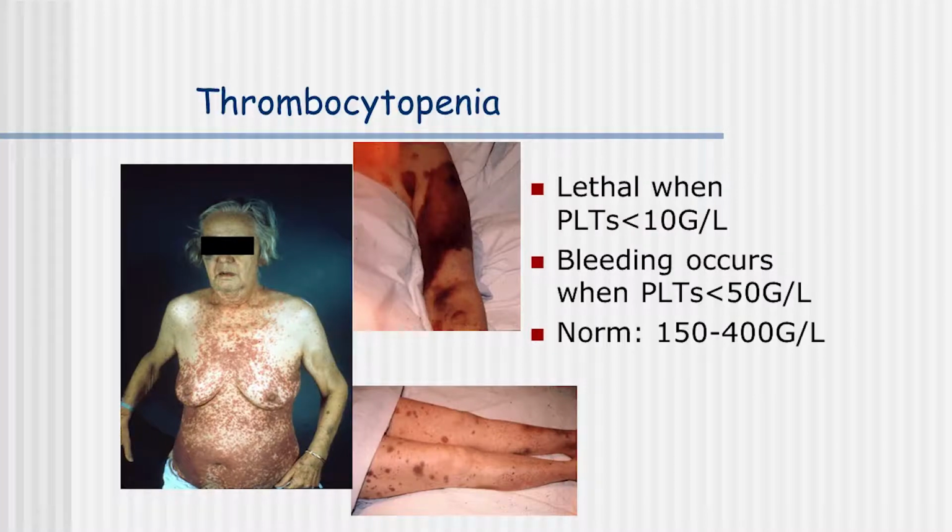Another example of thrombocytopenia is what you see up on the board. So there is a lot of blood that has been released from blood vessels onto the skin surface, and it can be deadly.